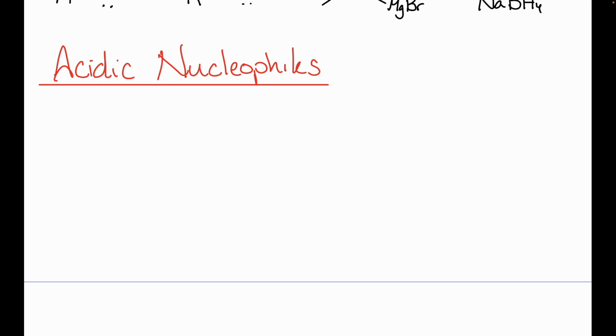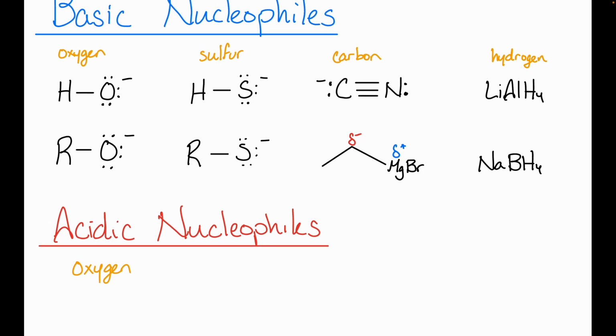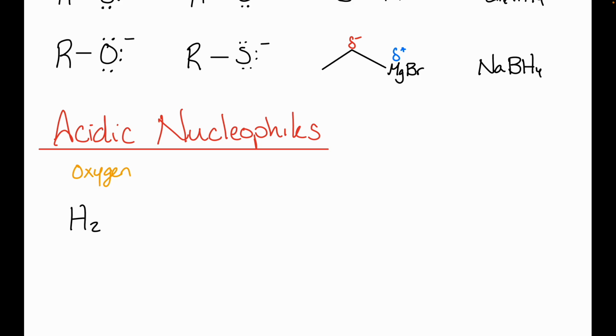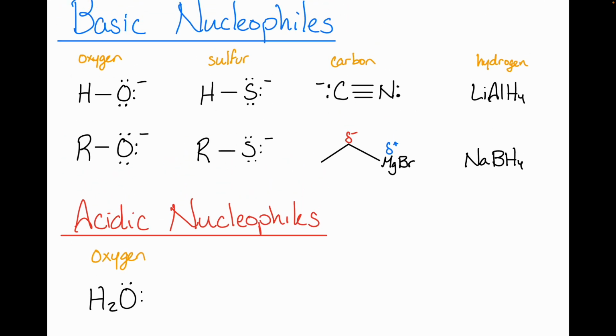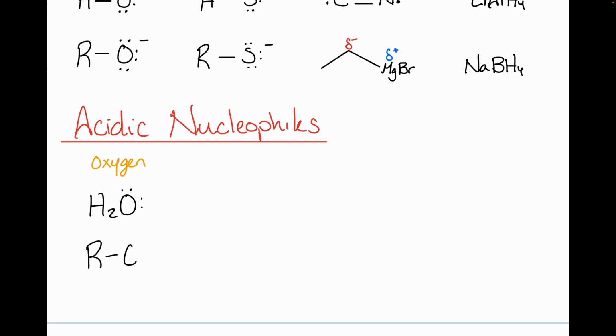We have some oxygen nucleophiles that we can use under acidic conditions. And unlike our basic condition oxygen nucleophiles, these will not have net negative charge. So it's just going to be the neutral version of each of those oxygen nucleophiles we've already looked at. If I protonate a hydroxide ion, I get water. Likewise, if I protonate an alkoxide ion, I get an alcohol.